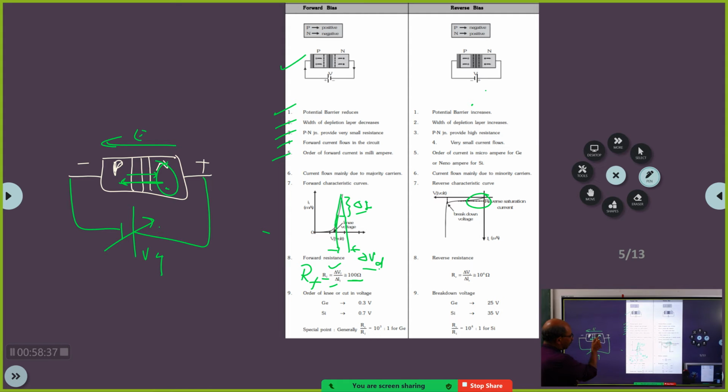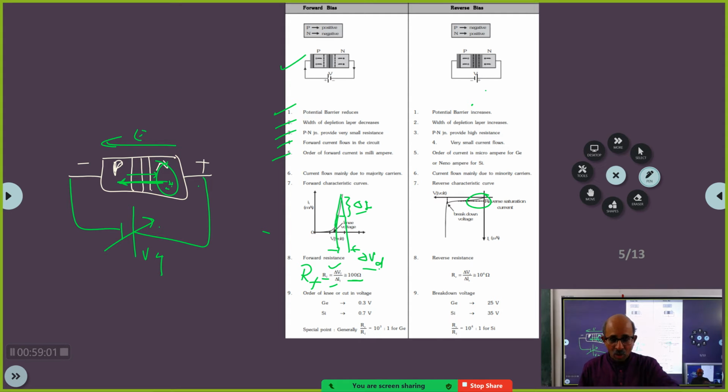If the voltage increases, any more minority charges would also have moved, but all of them are exhausted, already set into motion. There are no more minority charges sitting and saying, I will move later. All of them have started moving.